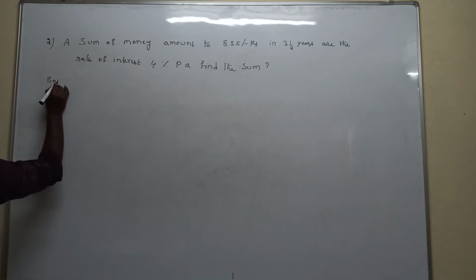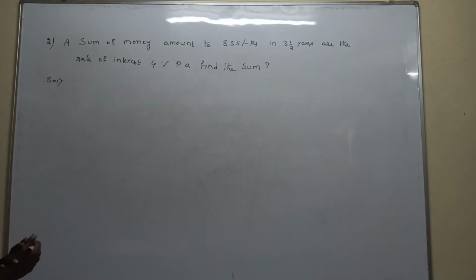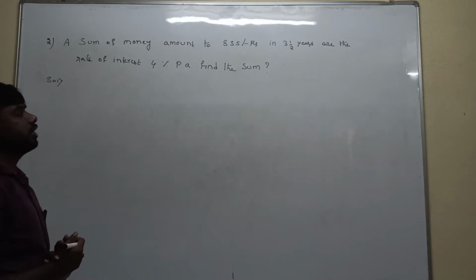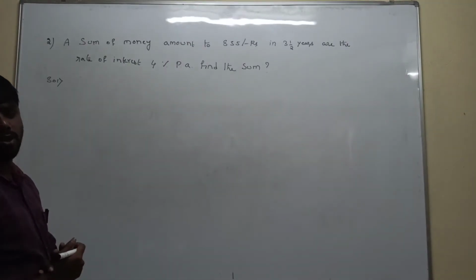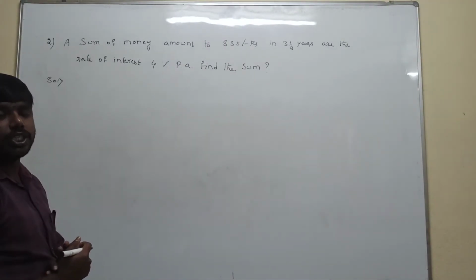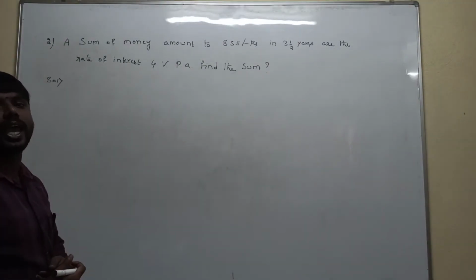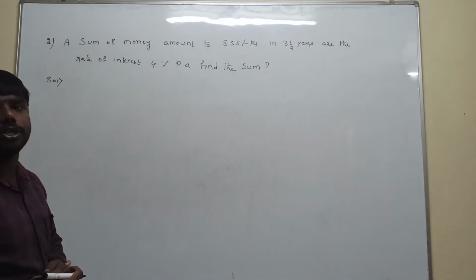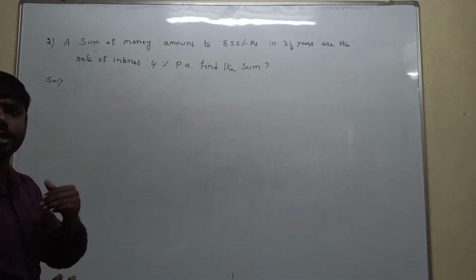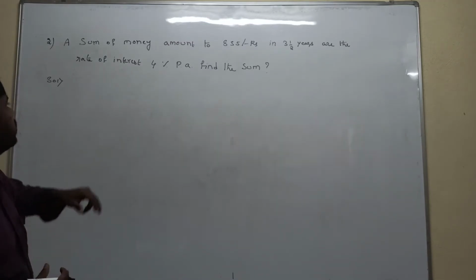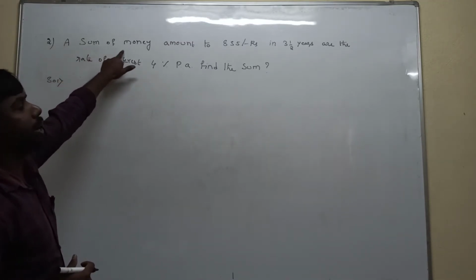Solution. Dear students, read the question carefully. What are the values we are given? Which value to calculate? That is the most important thing for mathematics problems. So read the question. A sum of money.